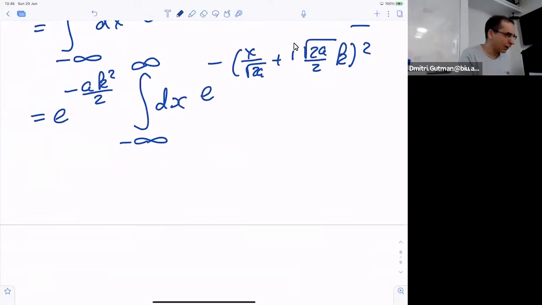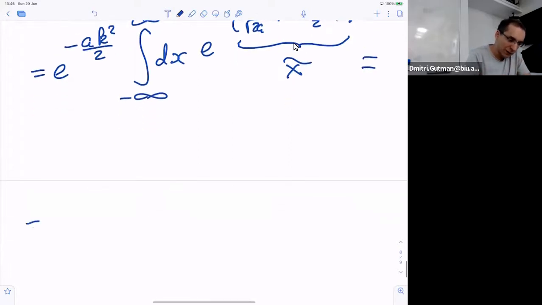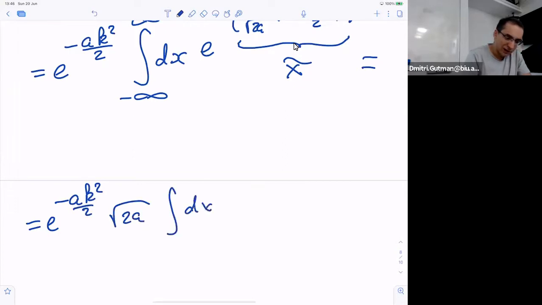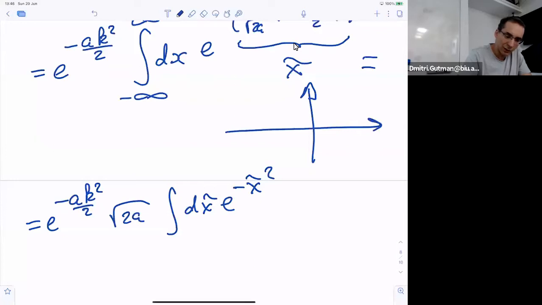The next step is to call the entire object here x tilde, and the integral with respect to x tilde, e to the minus x tilde squared, but now the integral runs along this line.